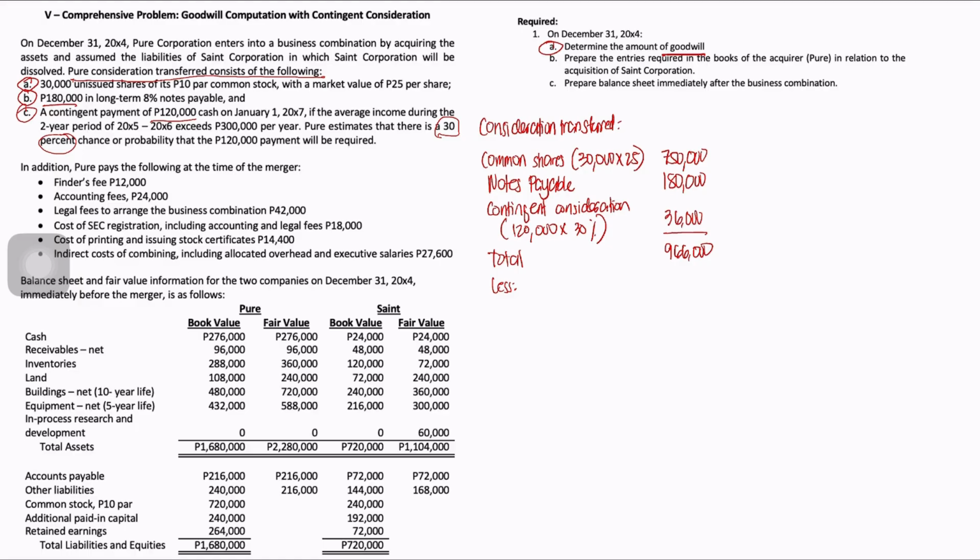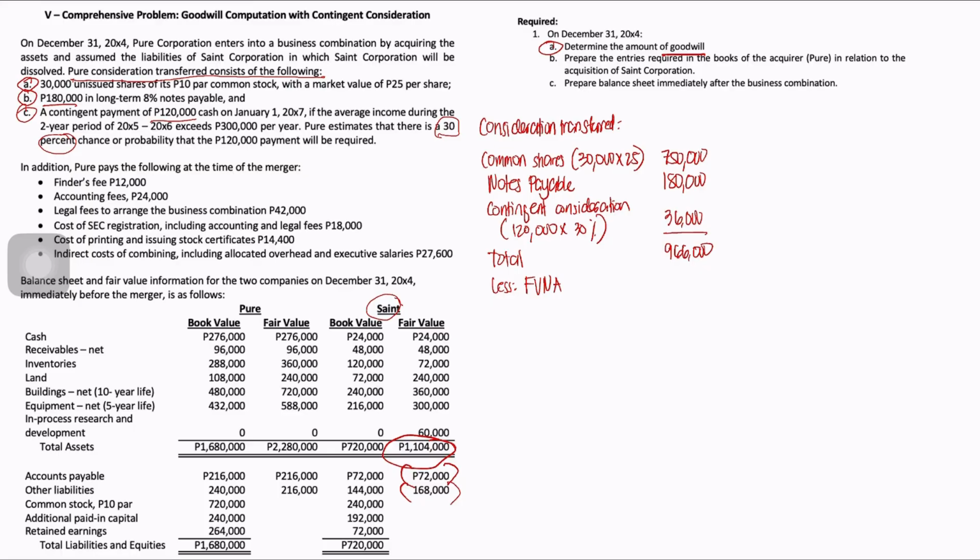Next, let's compute for fair value net assets of the acquiree. In this problem, the acquiree is Saint. We are given the fair value of Saint's assets and liabilities. Hence, fair value net assets can be computed as total fair value of assets, 1,104,000, minus fair value of accounts payable, 72,000, minus other liabilities, 168,000.